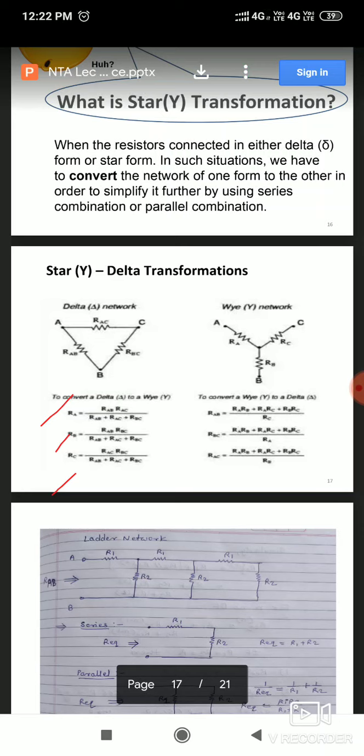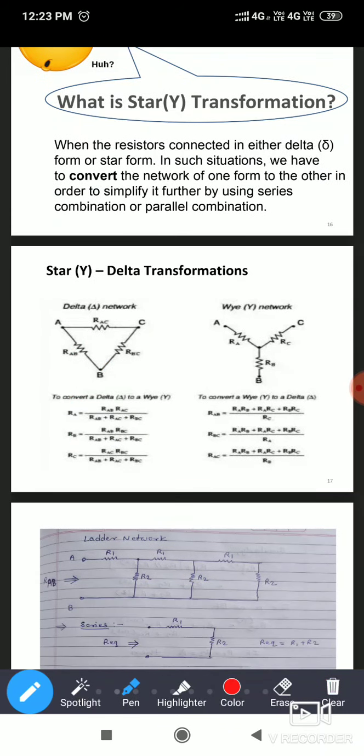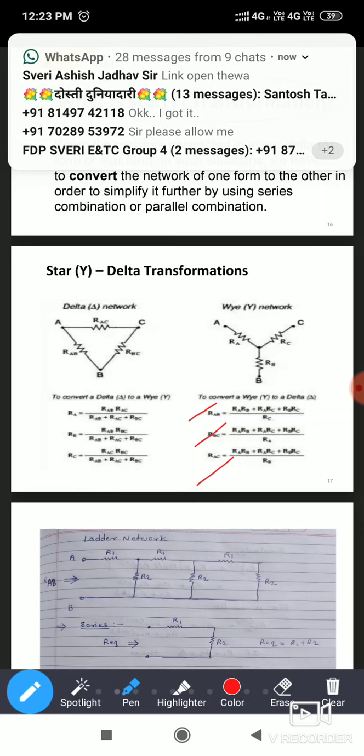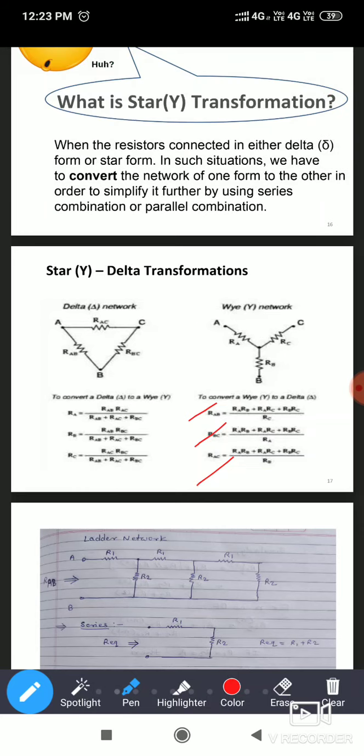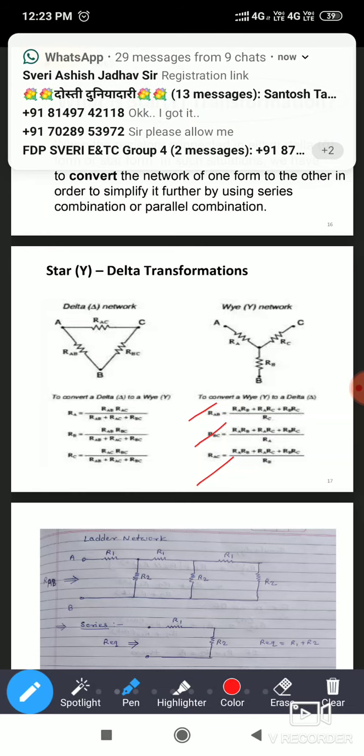Now the next one, if a star network is given, the reverse way, you have to use these three formulas for RAB, RAC and RBC. Now here, if you are observing, the numerator will be the constant.